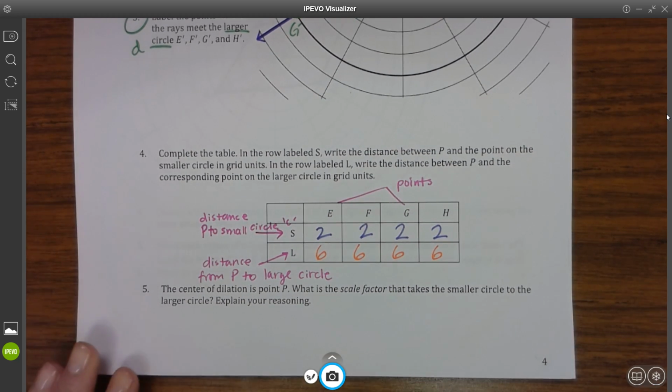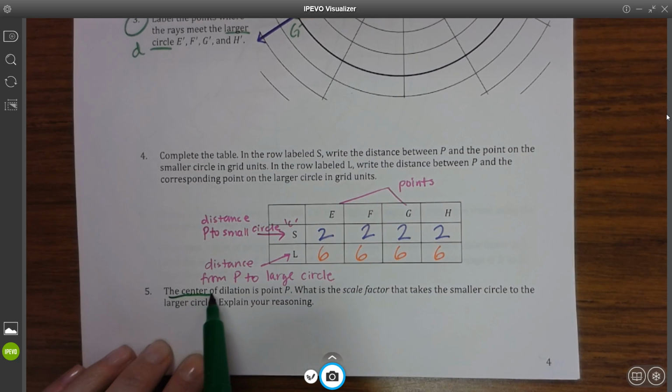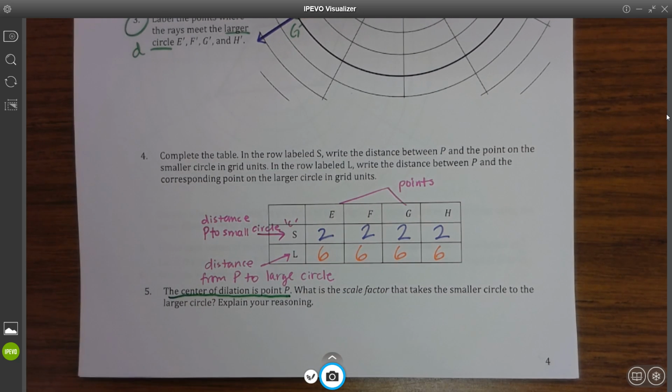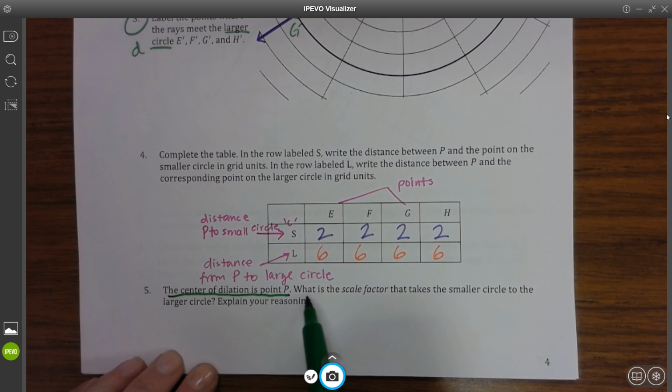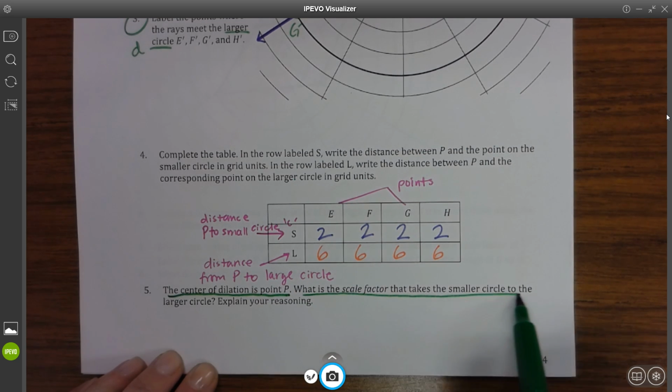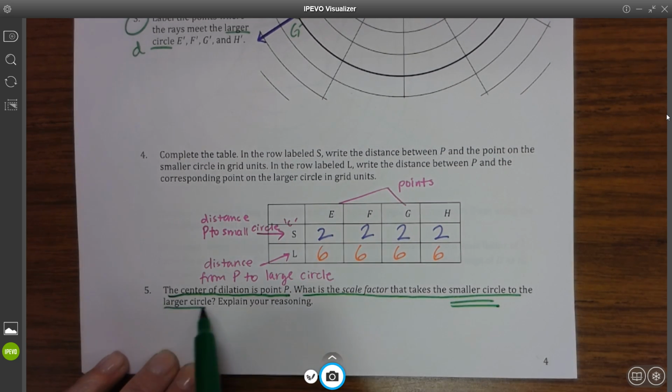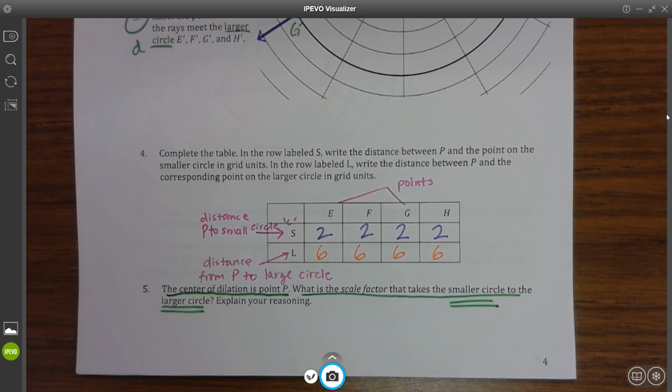Okay, let's look at 5 for a second. The center of dilation is point P. What is the scale factor that takes the smaller circle to the larger circle? So what do you think the scale factor would be? When we're thinking about scale factor, you're looking at how it's enlarged or shrunk.